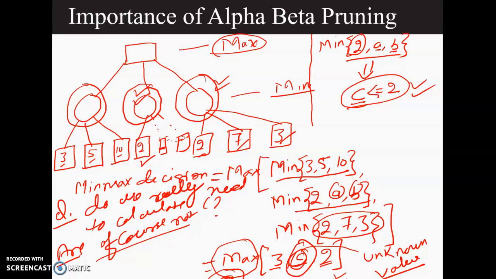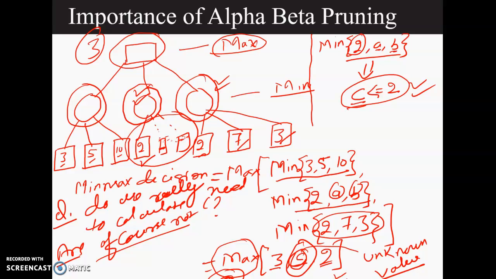So what does it mean? It means that we could have reached a final result, that is 3, without looking at these nodes.